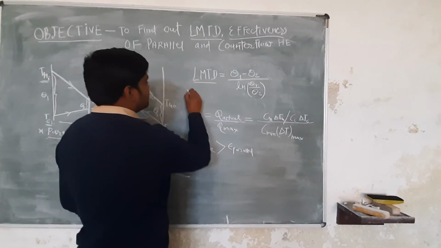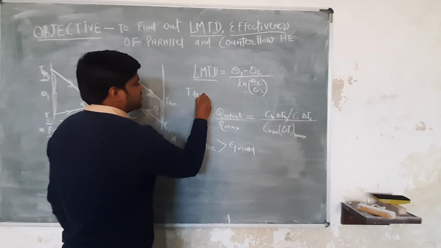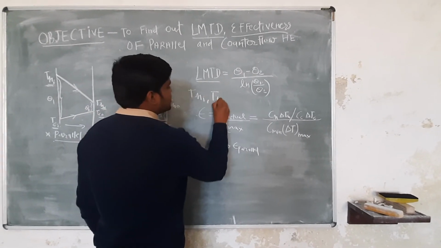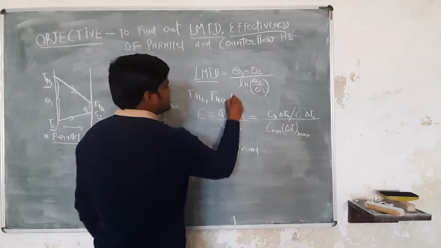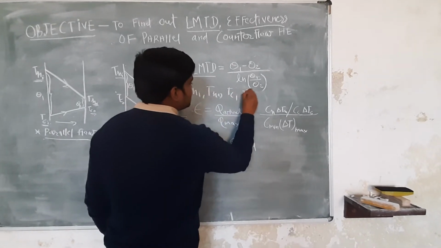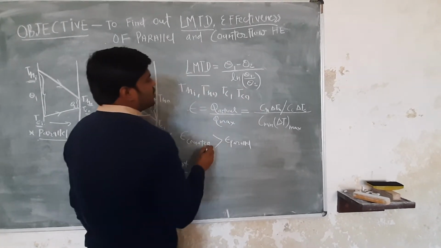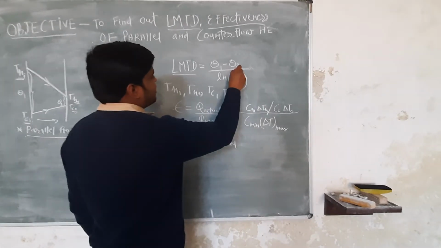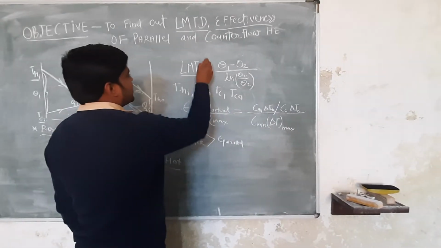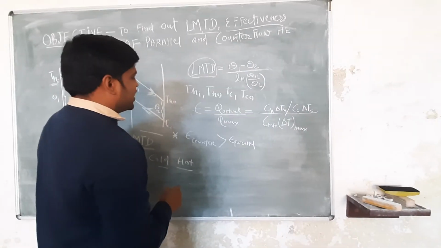So after finding out all the temperatures THI, THO, TCI and TCO, we can put all the values of temperatures in theta 1 and theta 2, and we can simply find out the value of LMTD.